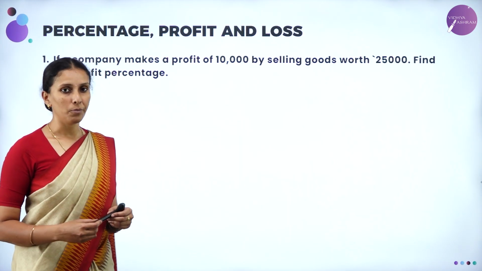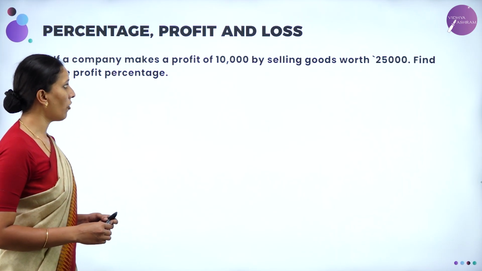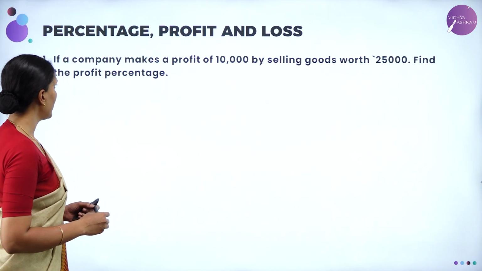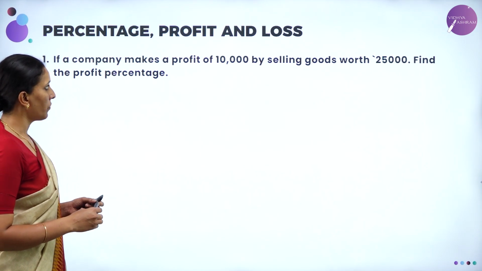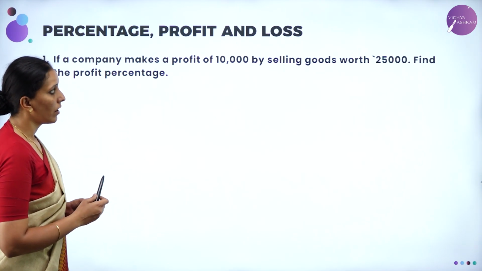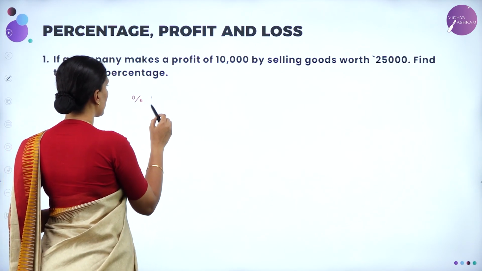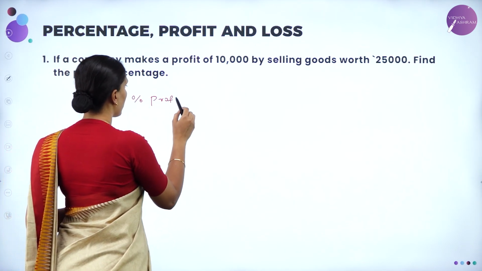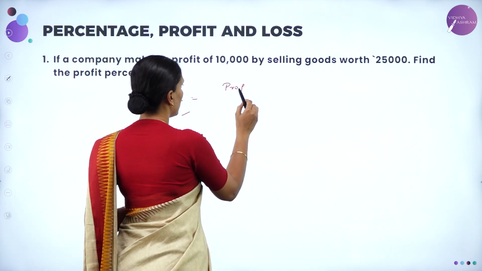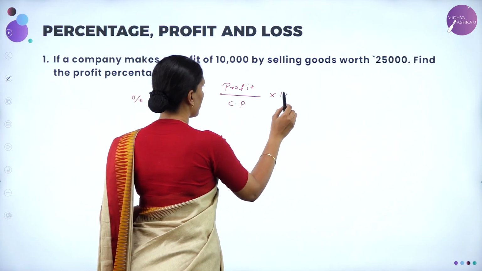Now let us take a few problems. First question. If a company makes a profit of 10,000 by selling goods worth 25,000, find the profit percentage. The percentage profit is always profit divided by cost price into 100.